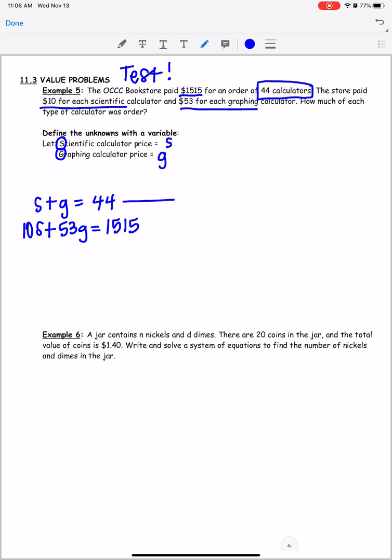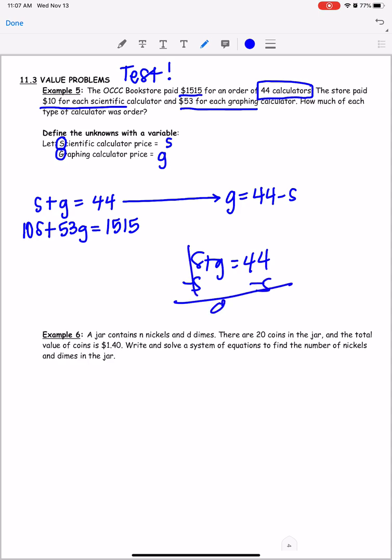Here, if I solve for one of these, G or S, because they both have a coefficient of 1, let's say we go with G. I'm going to get G equals 44 minus S. Down here, I'm just subtracting that S over. I can't combine these, so we're just putting them side by side.